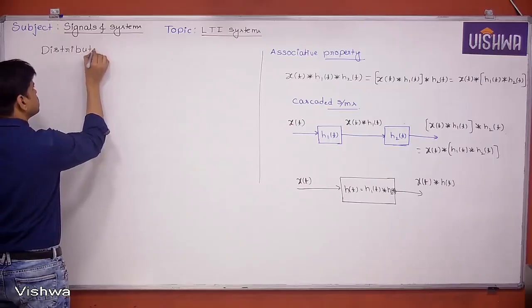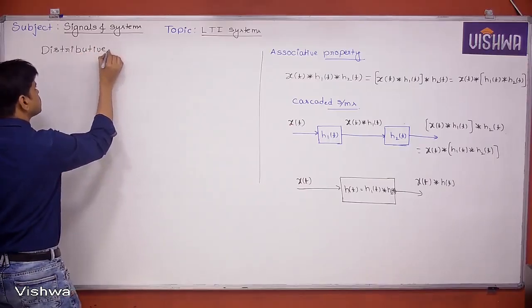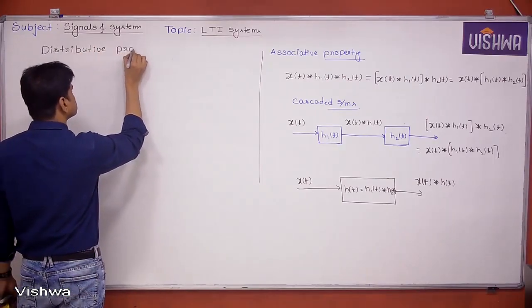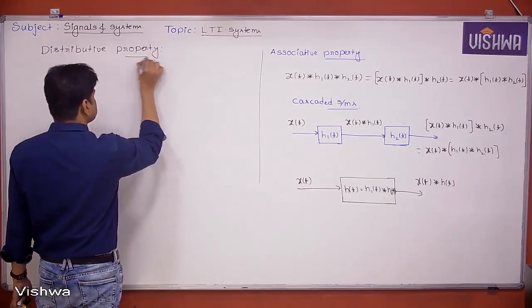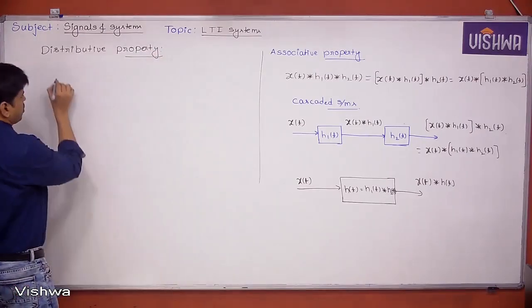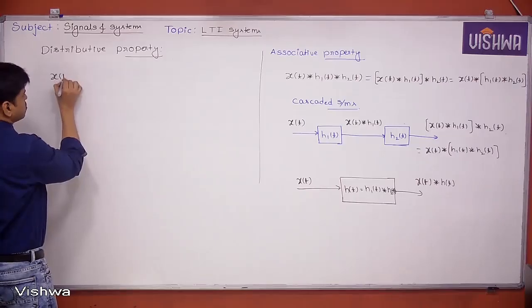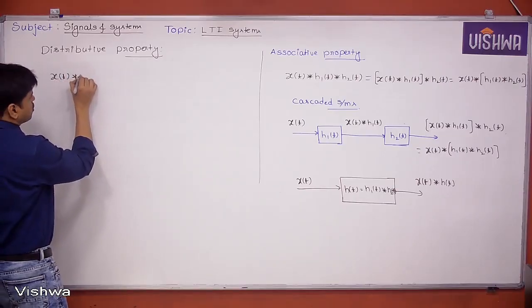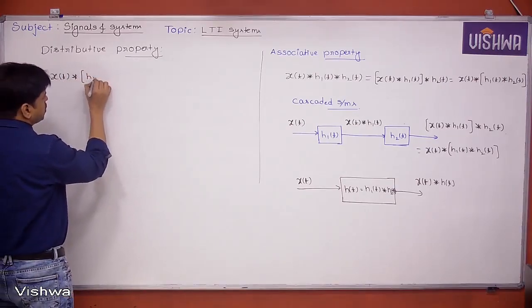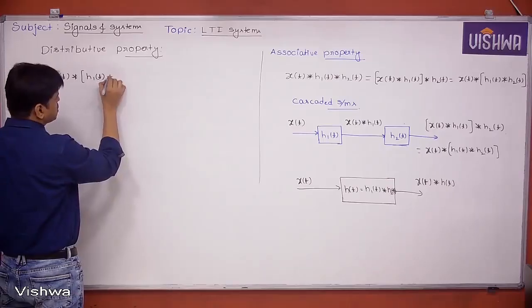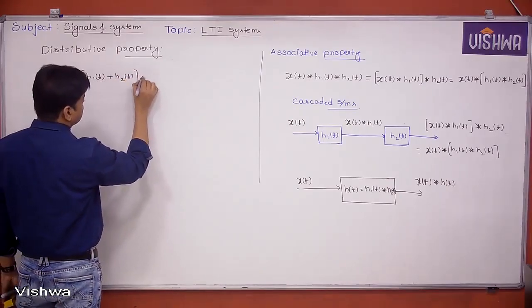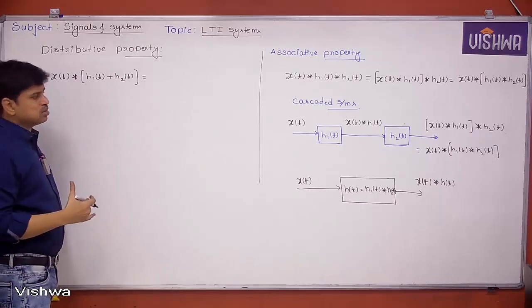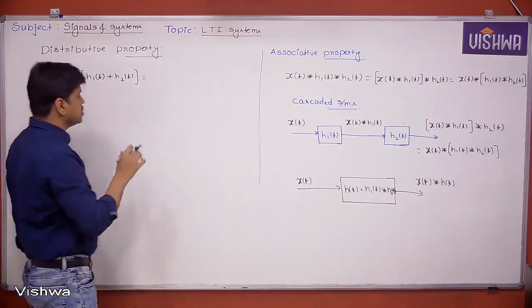Distributive property. What is the distributive property saying? Suppose x of t convolution with h1 of t plus h2 of t, then we can distribute it inside this bracket.